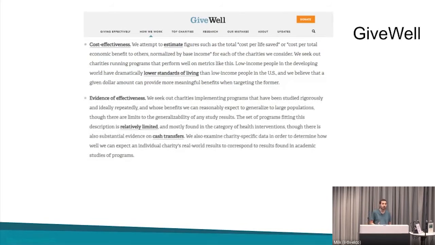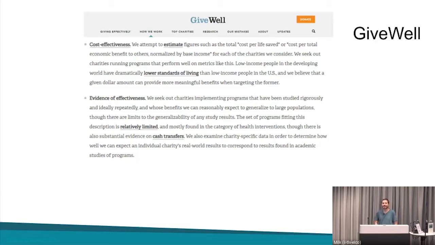The second metric is what's called the evidence of effectiveness. Let's say I think that for every dollar that I pay, or let's say every $100 that I pay, I give someone another year of healthy life. How confident am I in these estimates? Am I certain? Are there lots of experiments showing the exact same number, and I'm fairly confident that this is exactly what I'm getting?